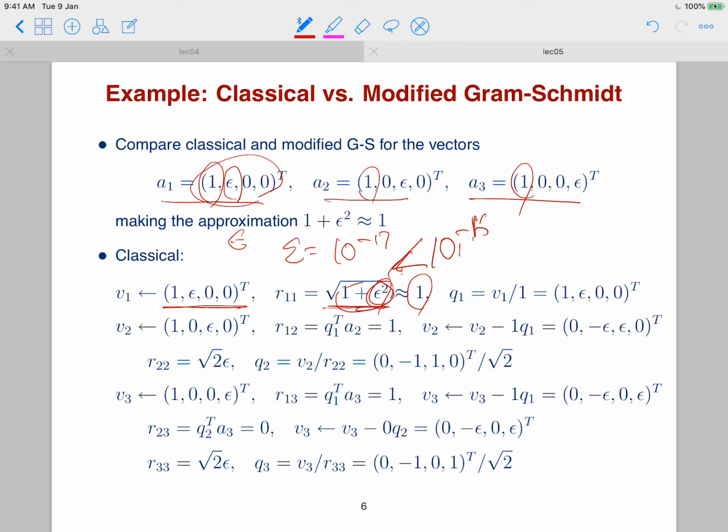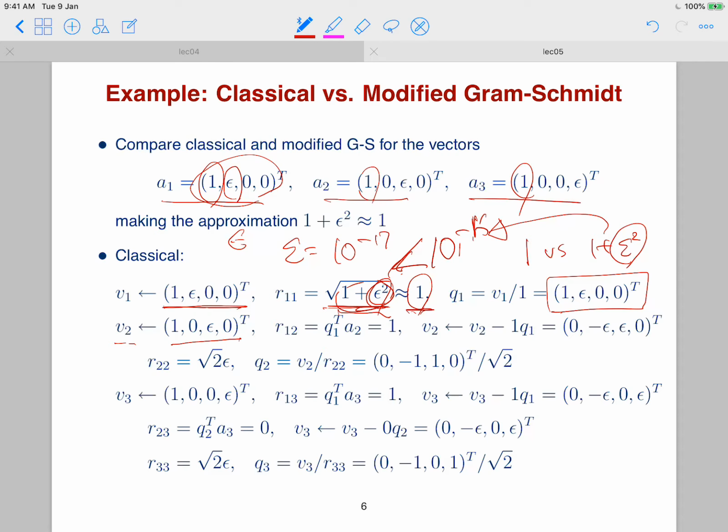In this case, the computer cannot differentiate 1 versus 1 plus epsilon squared. That's the main disaster when it comes into play. Although this value is not exactly 1, it is just represented as 1, right? And then it will be like this, right? And then what about V2?